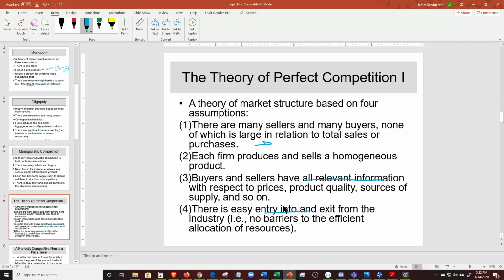And actually, we said monopolies are price seekers. These competitive firms are price takers.